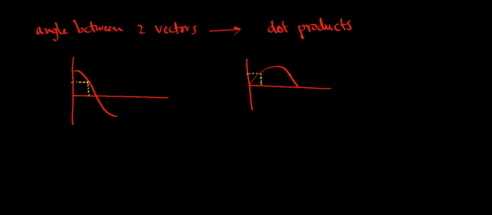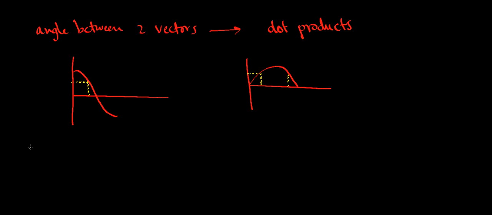Well, it could be either one of these two angles. And again, we're only concerned between angles that range from 0 to 180, because that's an angle between two vectors. So yeah, that's the reason we prefer using cosine, or using the dot products to figure out the angle between any two vectors.